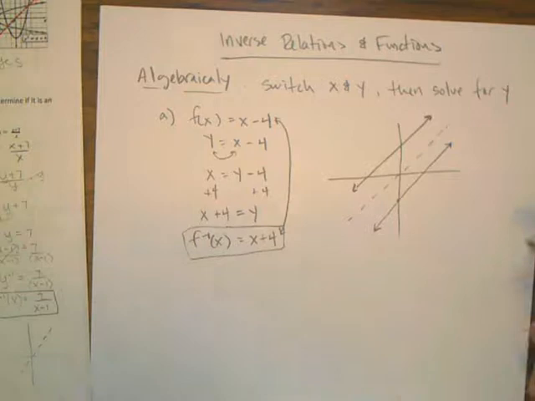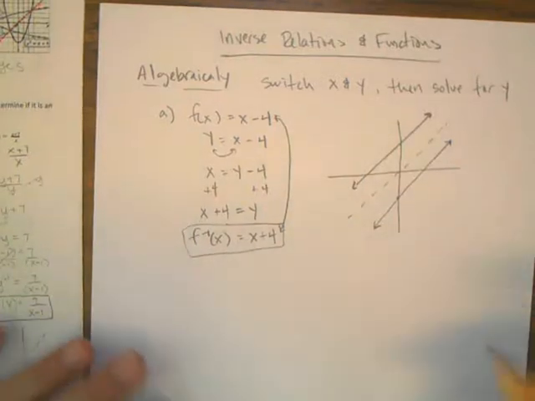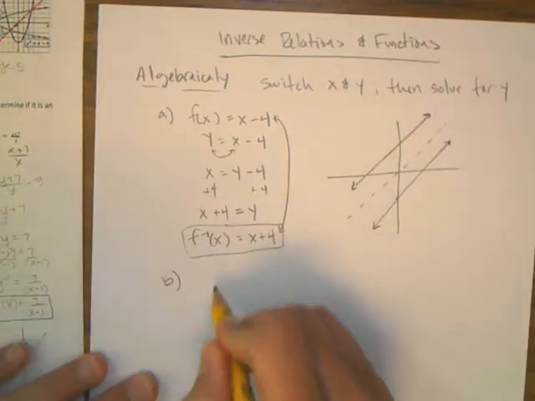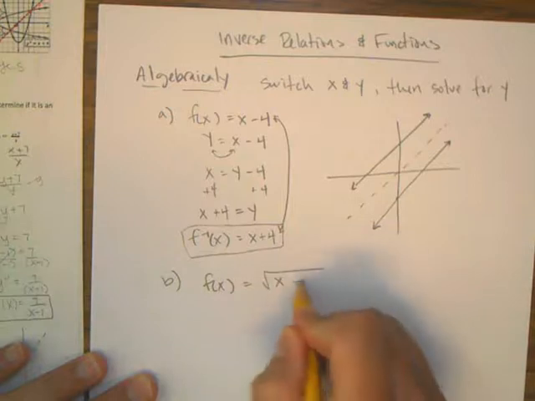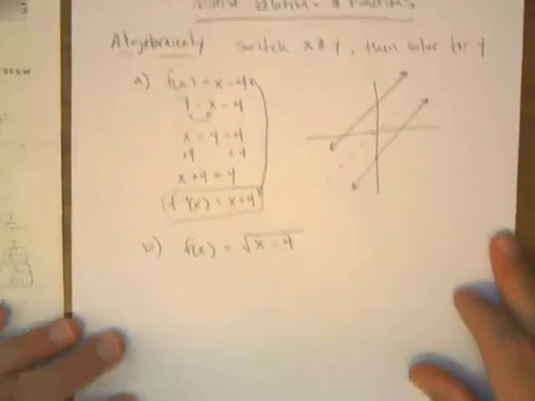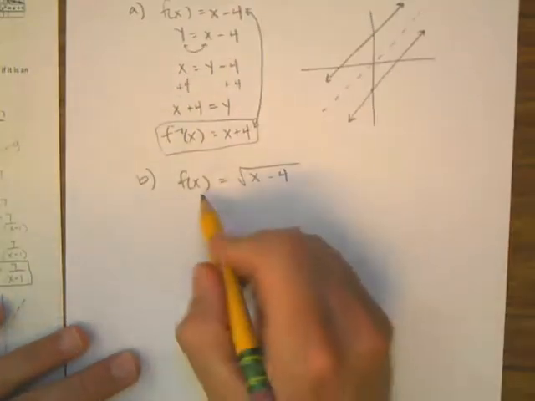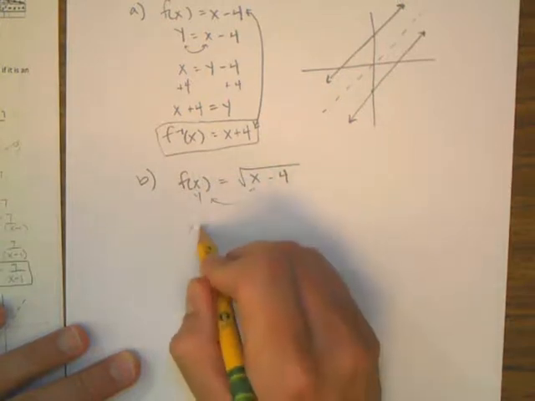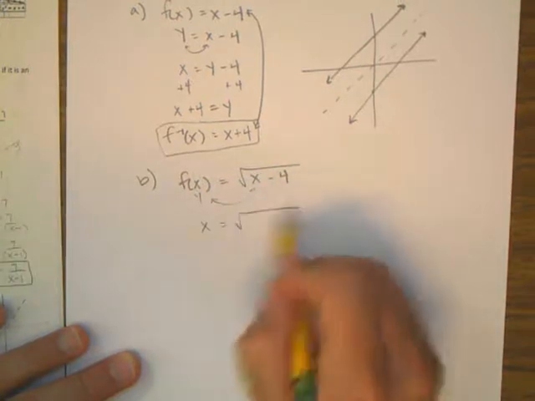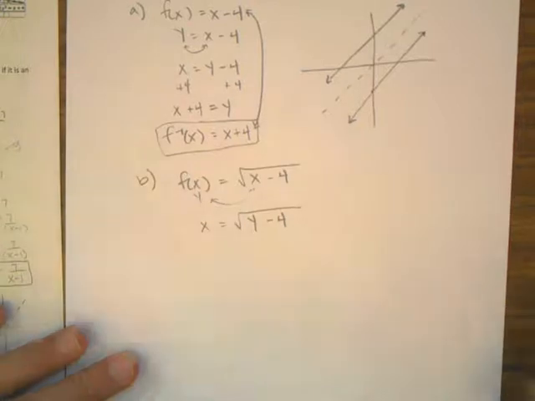All right. Now we're going to try a little bit different ones. B, f of x equals the square root of x minus 4. So again, this is like our y, and we're going to switch those two, making it x equals the square root of y minus 4. Now your algebra skills are going to have to come in handy here.